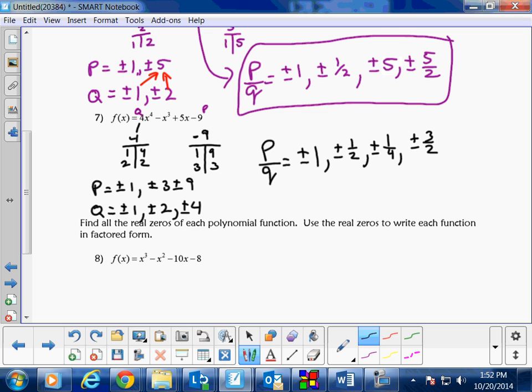But I don't have 3/2, and I don't have 9/2. For those that are losing what I'm doing, I'm taking each one of these Q's and dividing in this order. So my next one's going to be a 4th. That's a repeat because it's here. So I'm not going to write that one down. I don't have 3/4 on the board, so that's going to be my next one. Plus or minus 3/4. And lastly, my last one is going to be plus or minus 9/4. There you go. We actually have all of them.